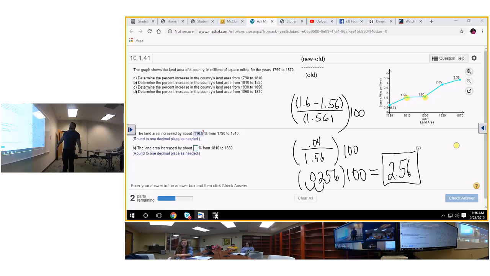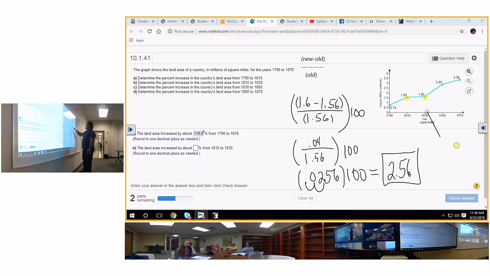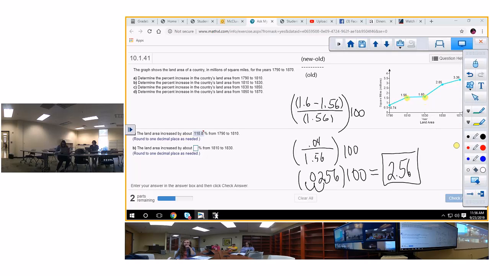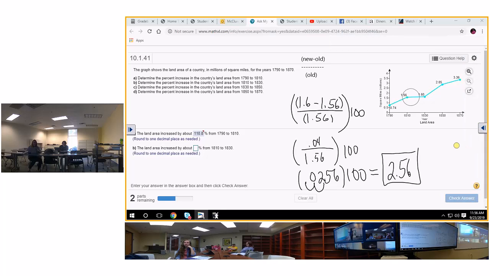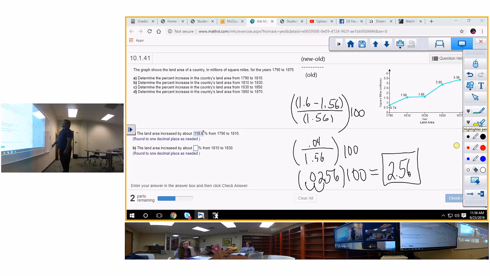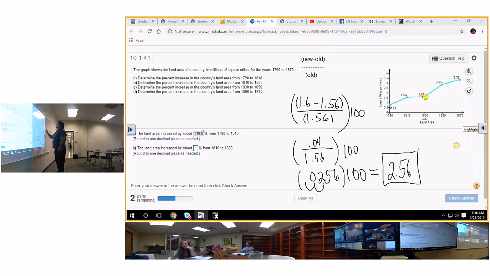Why is it so low? Because this is about a constant line. There's not much increase there. All right, let's do the next one, from 1.6 to 2.85.